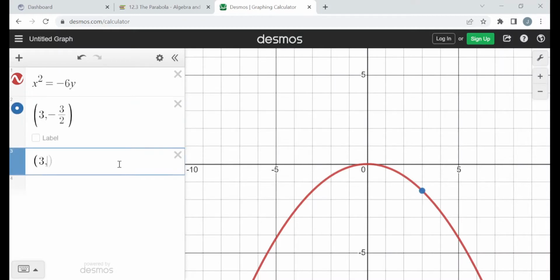And then -3, comma, -3 halves. Right, that green point that just showed up. You see those are on the parabola for certain. And they should be directly across from one another. If you were to make a segment between them, the focus would be on that segment, where the latus rectum intersects the axis of symmetry. Okay, great.